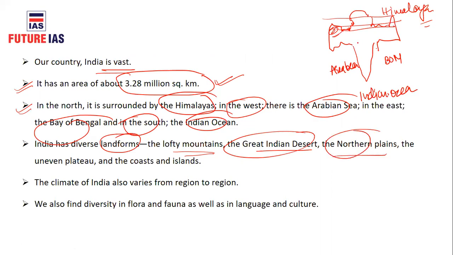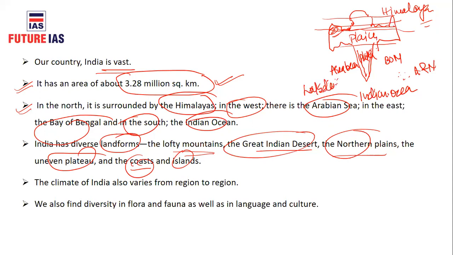Then the northern plains: after the Himalaya, you will have these plains. Then you have the plateau. Then you have the coast and the islands. You will have the coastal plains, and here the Andaman and Nicobar Islands, and here the Lakshadweep.